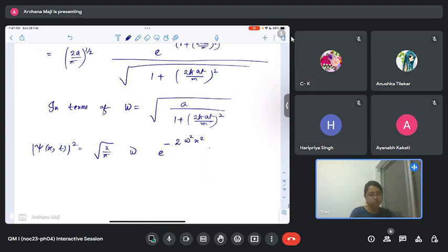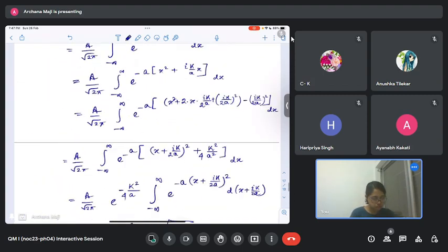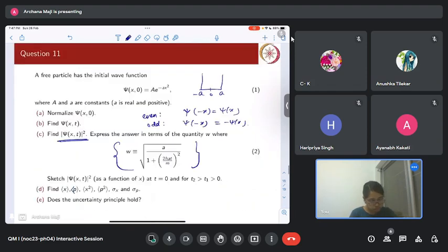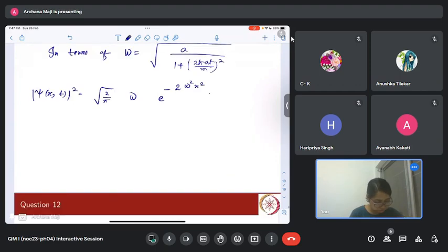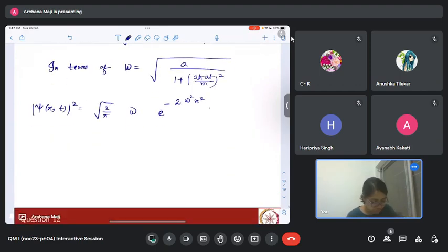Okay, now the third part is also asking us to plot mod psi of x,t square as a function of x at t equal to 0, t1 and t2, where t2 is greater than t1 greater than 0. So for different times we need to plot that mod psi square.